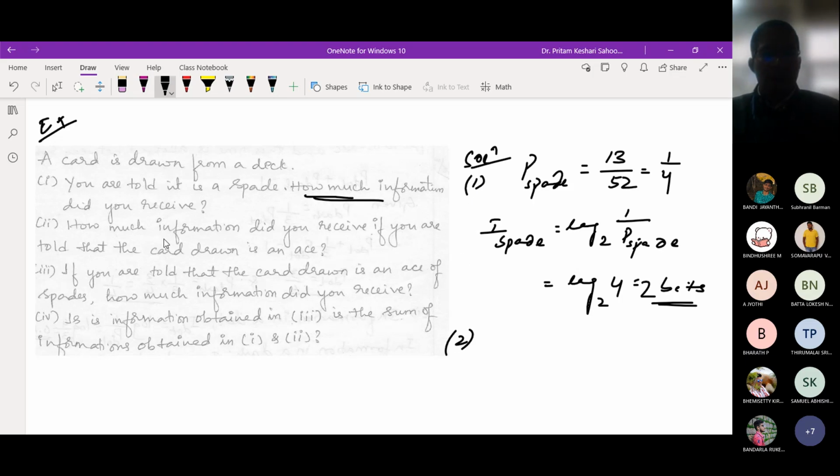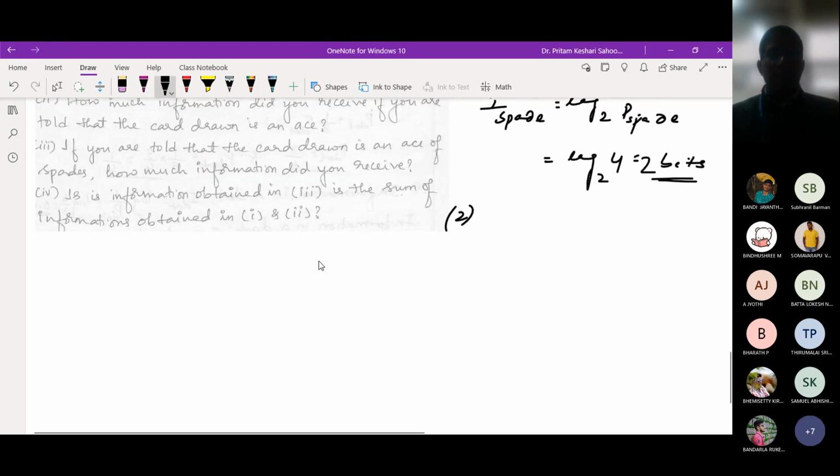Second, how much information did you receive if you are told that the card drawn is an ace? Okay, so many people might have played card games. There are 4 different suits in a deck of cards. One is called spade, another is club, then diamond, and then heart. And what are the numbers?